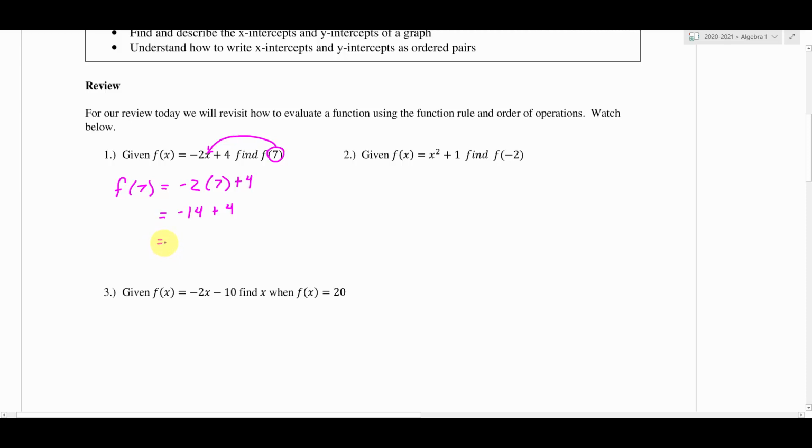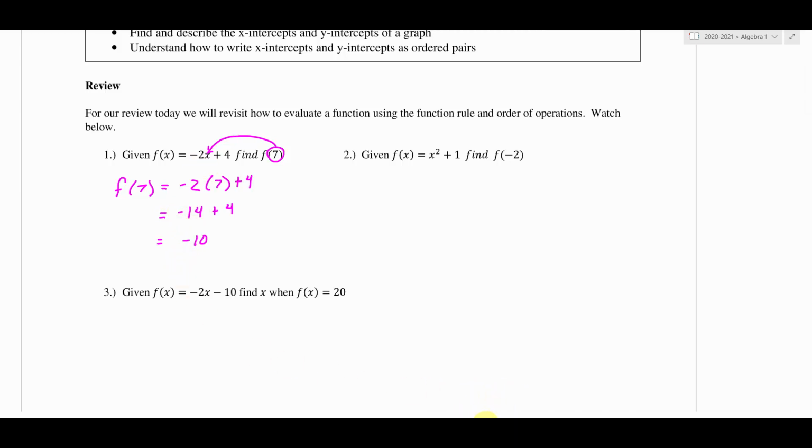And guys, this tripped us up a lot on the test, just handling negative and positive numbers. A negative 14 plus 4 is negative 10. If you need to, use your calculator. Make sure you type in negative 14 with the negative button at the bottom of the calculator, not the minus button on the side of the calculator. You want the negative that's at the bottom.